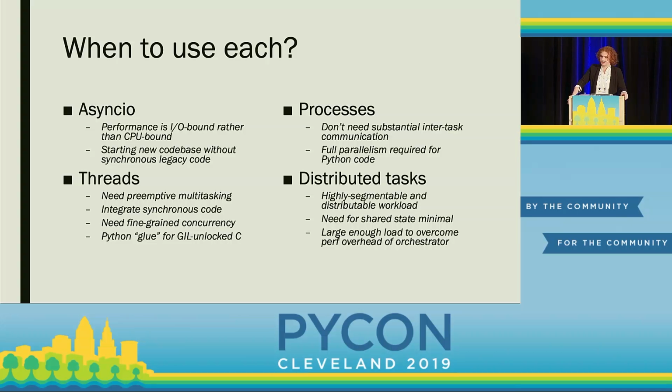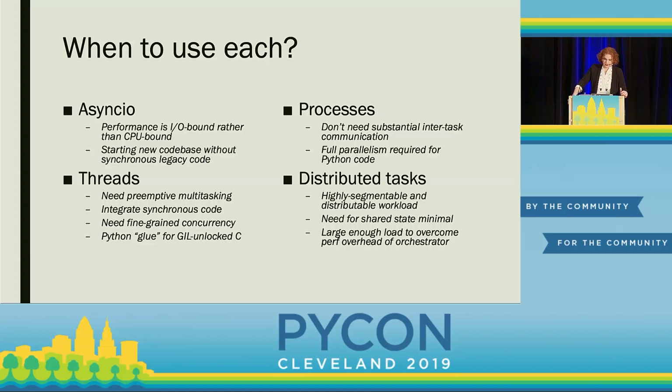Async I/O is especially great if you're starting a new code base from scratch without needing to integrate existing legacy code. This is the case because if you have legacy code that you need to use, you'll often find yourself adding threading anyway, and your threading interferes with the consistency and safety guarantees that really are the hallmark of async I/O in the first place.